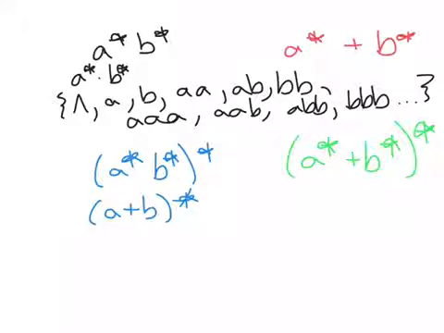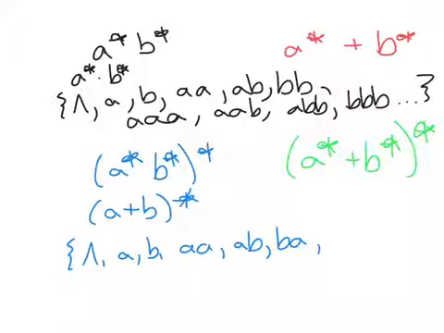So I've got, let's see, I have lambda, and then I have an A by itself, or those are the strings of length 1. In terms of strings of length 2, I've got AA, I've got AB, I've got BA, but in contrast to the first one, I also have BB, oops, no, the first one had BB. Ah, there you go, there's your contrast to the first one.